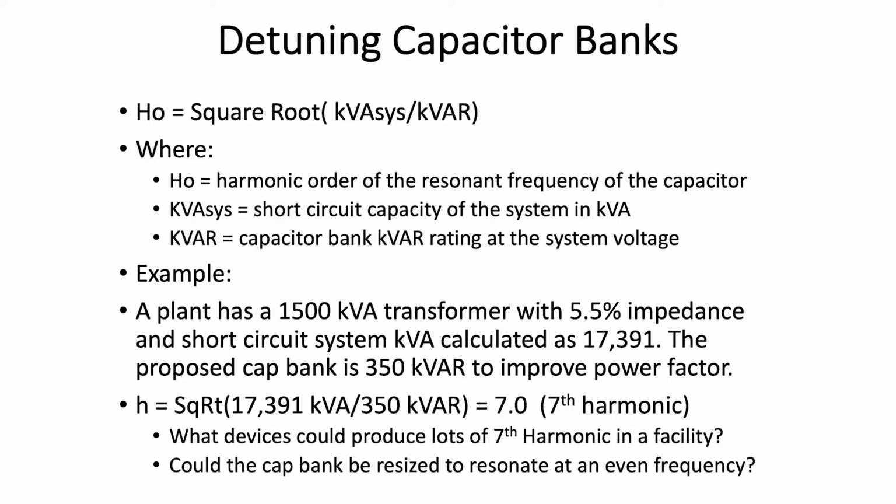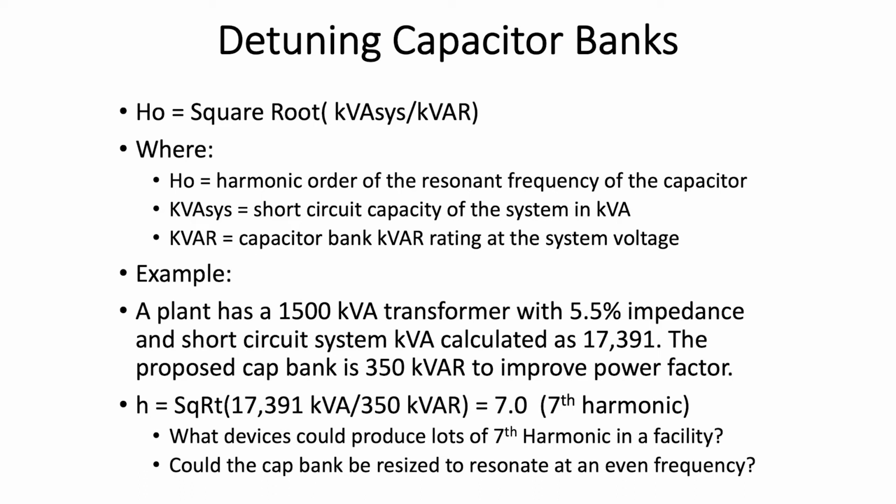The harmonic frequency or order that the capacitor bank will resonate at is the square root of kVA of the system, which is the short circuit capacity of the system in kVA. You can figure that out from the transformer size and the voltage and the impedance, and the kVAR rating of my capacitor bank at the system voltage.